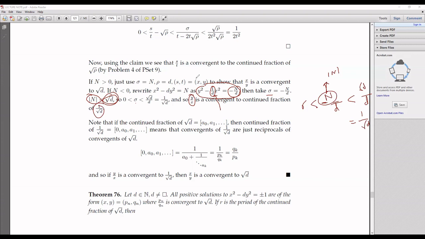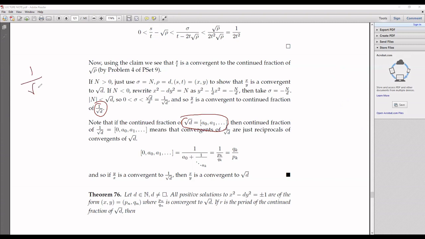But we are not interested in 1 over root d actually. We are interested in root d. So what is the relation between the continued fraction of root d and that of 1 by root d? This is pretty simple. If root d has this continued fraction, then what about 1 by root d?